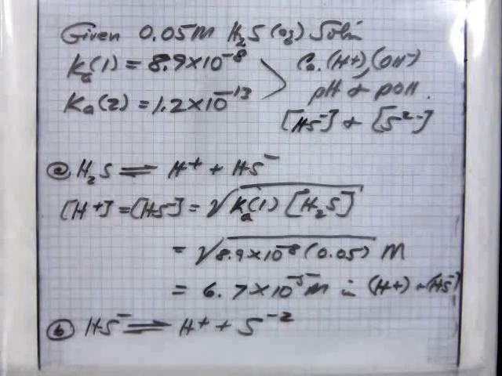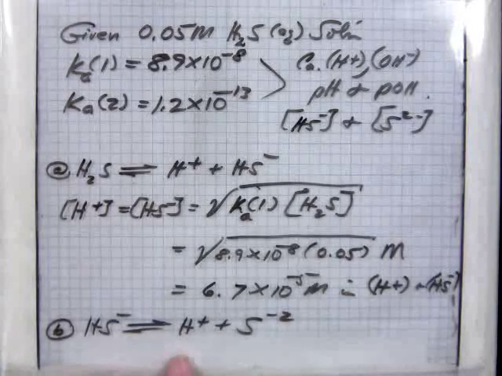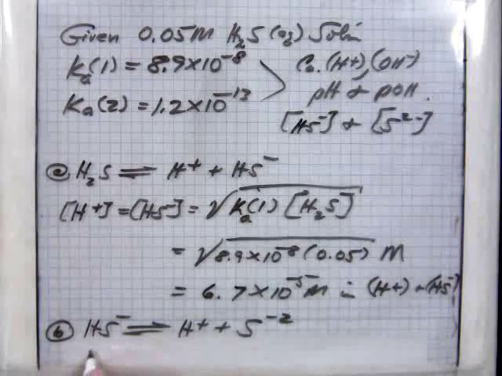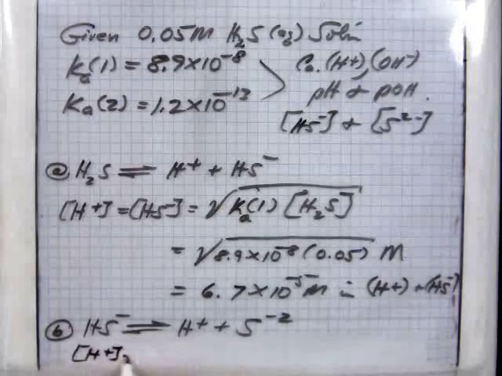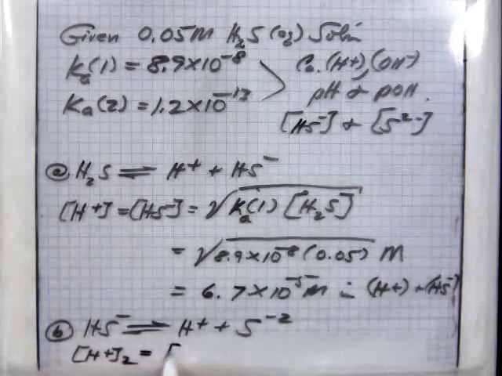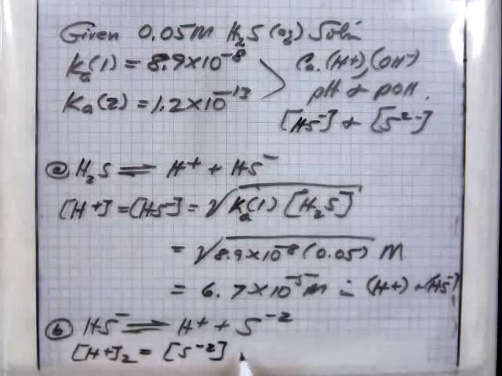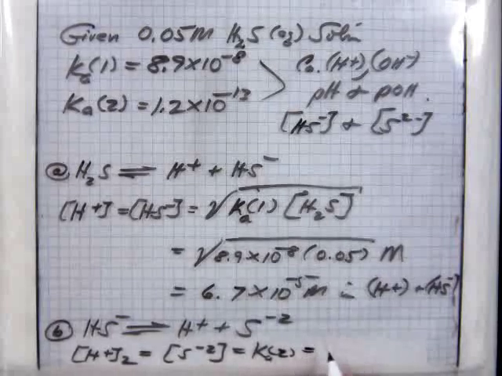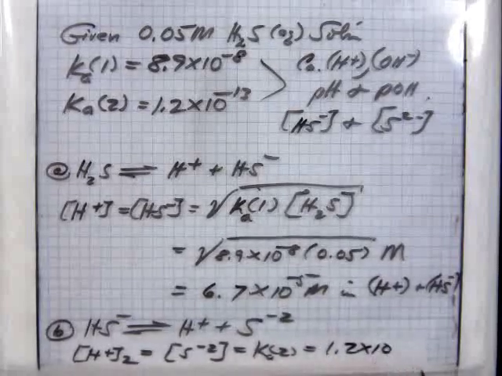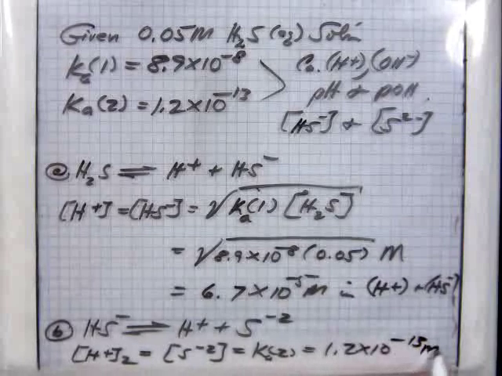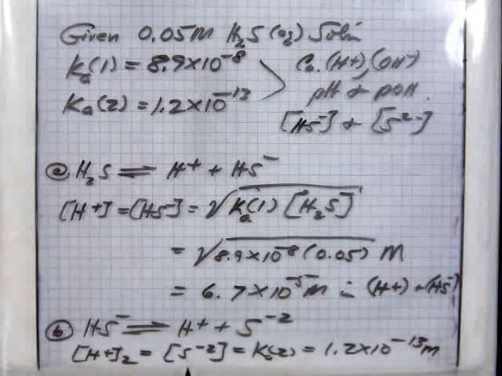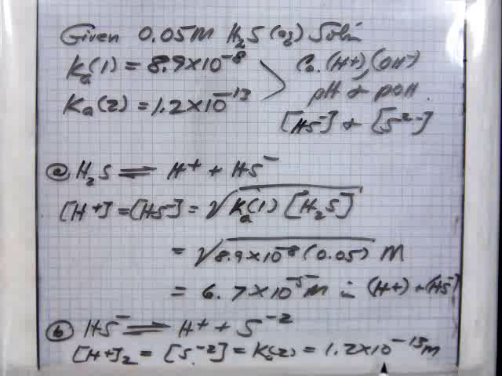To get the amount of hydrogen delivered from the second ionization step as well as the sulfide, all you have to do is look at Ka2, because the hydronium ion delivered in the second ionization step will equal the sulfide delivered, and that's equal to Ka2, which is 1.2 times 10 to the minus 13 molar. So you've got the second ionization, but you also have the sulfide from the second ionization step, which is this concentration.